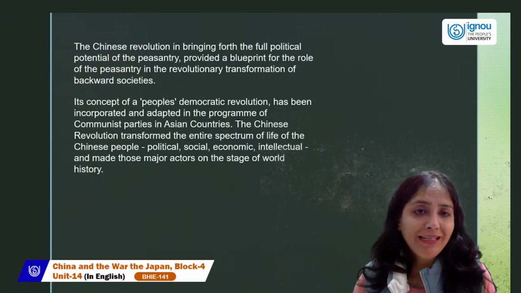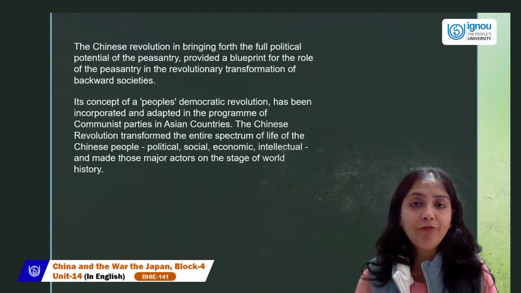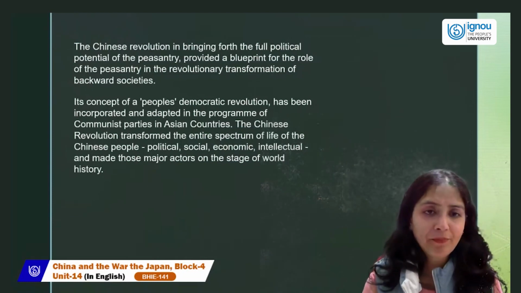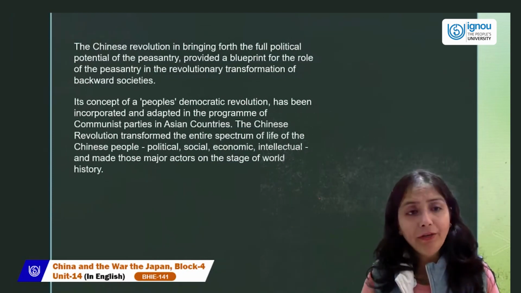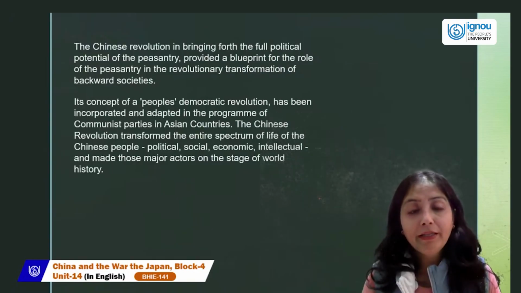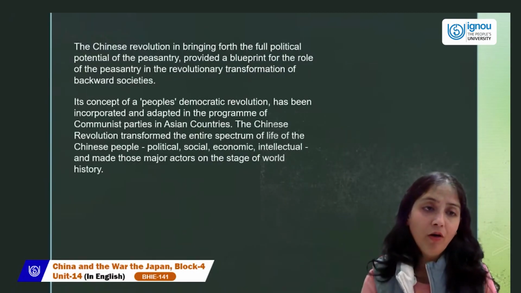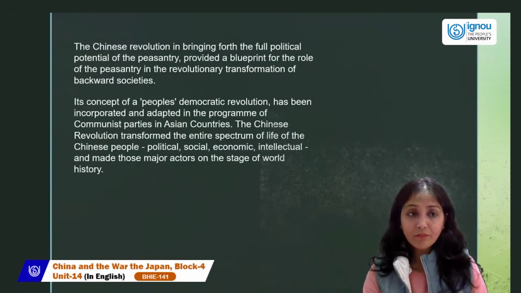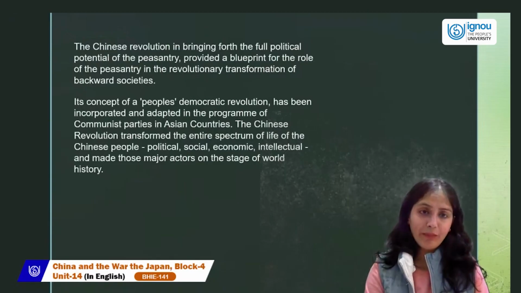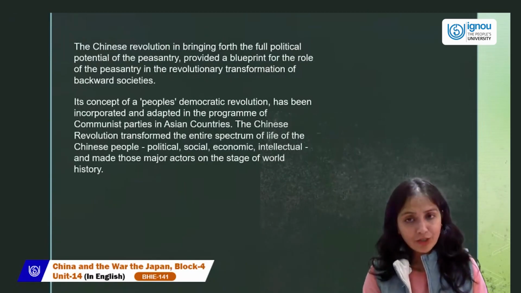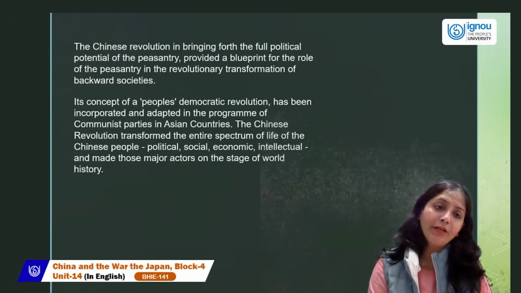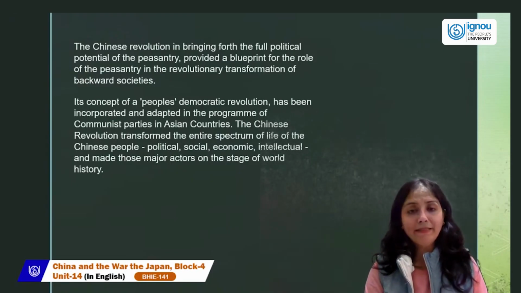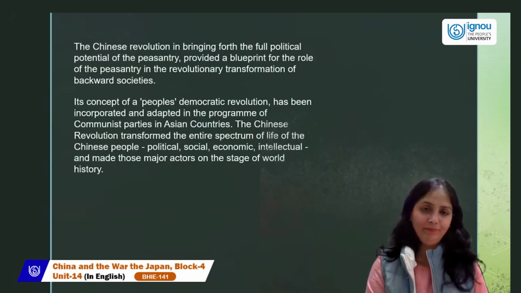The Chinese Revolution, in bringing forth the full political potential of the peasantry, provided a blueprint for the role of the peasantry in the revolutionary transformation of backward societies. Its concept of people's democratic revolution has been incorporated and adapted in the programs of communist parties in Asian countries.